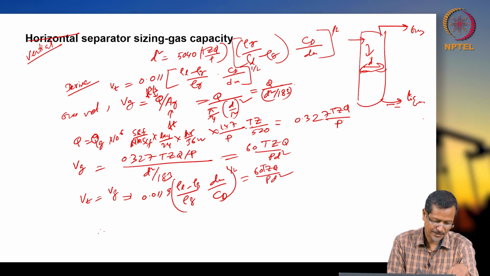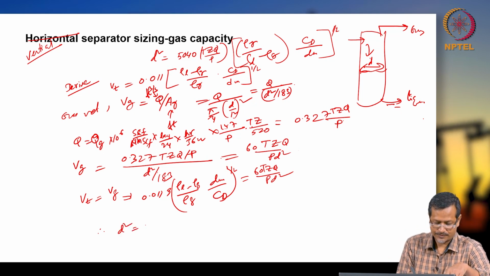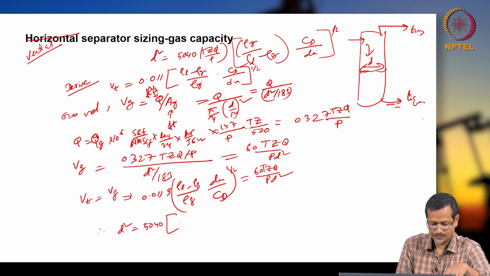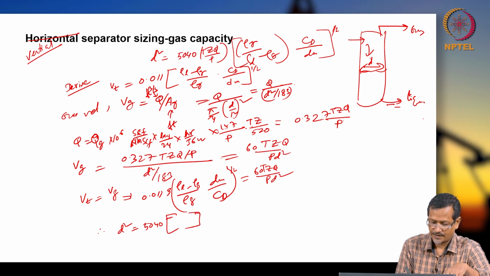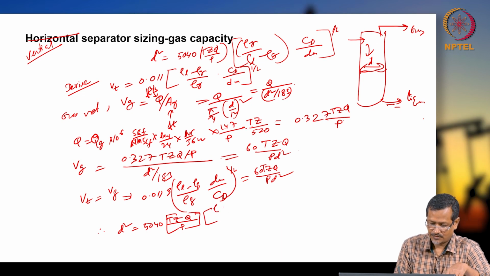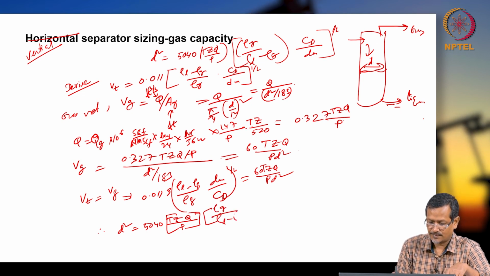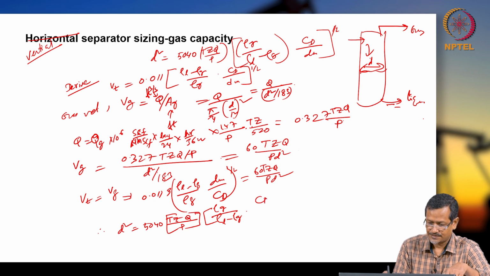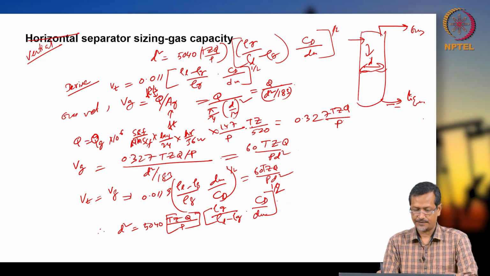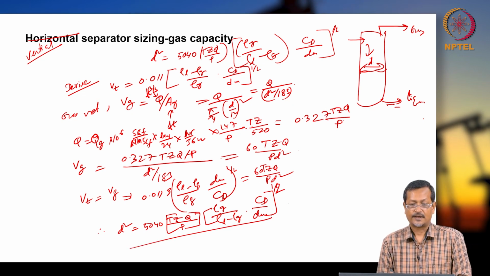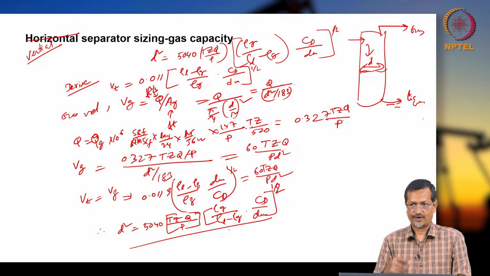So this gives D square equals 5040 TZQ by P, times rho G by rho L minus rho G, times CD by dm, to the power half. Okay, so this is the formula for the gas capacity equation for a vertical separator.